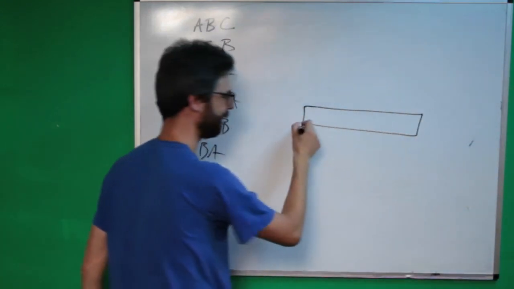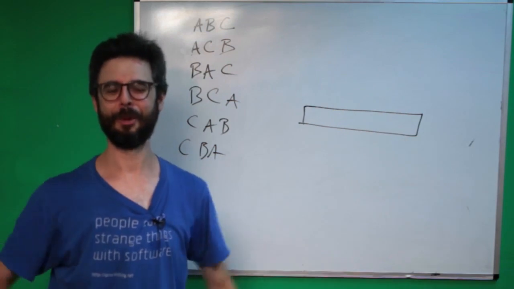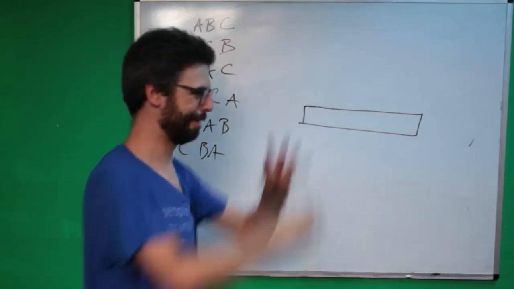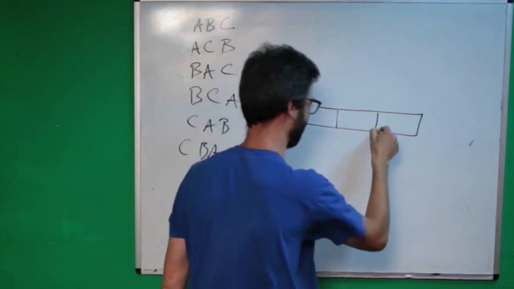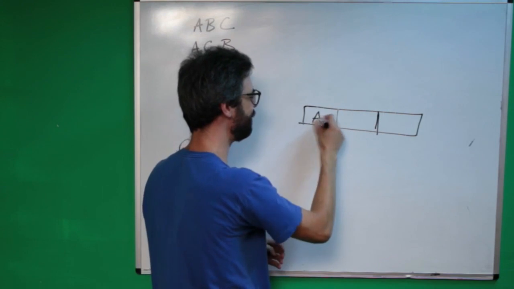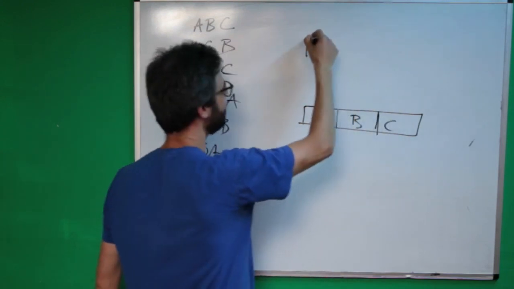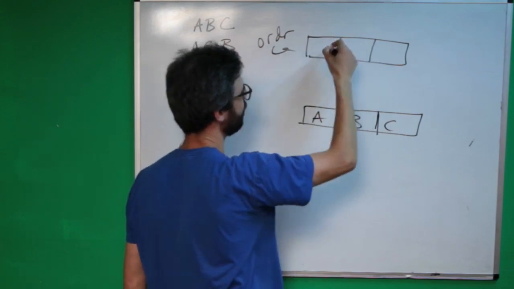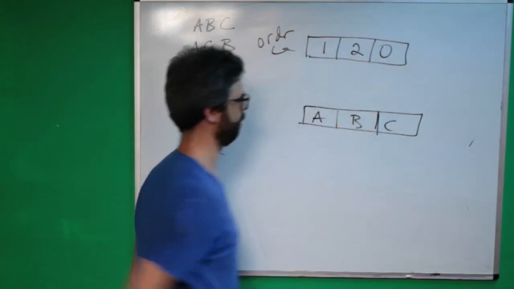These are the cities: Kuala Lumpur, Rio, Oslo. I'm trying to think of a diverse set of cities from around the world. So those are the cities, but I'll just call them A, B, and C. And this is the order, which is an array that has something like 1, 2, 0.